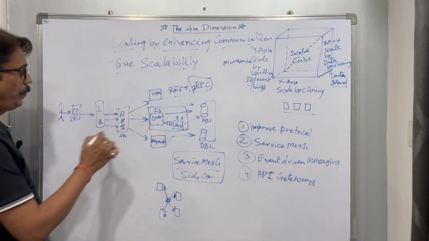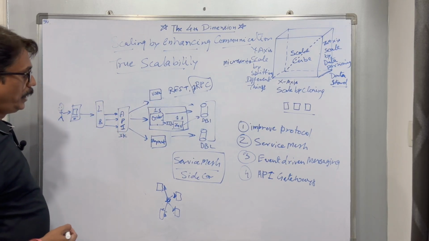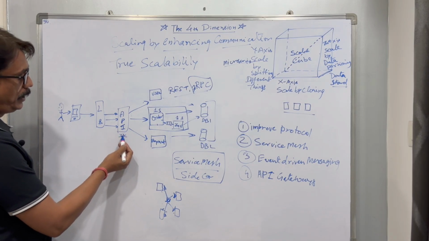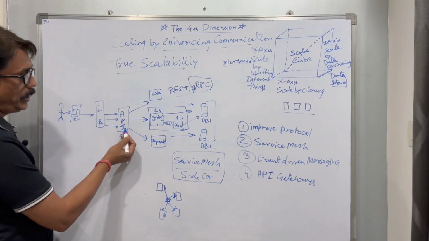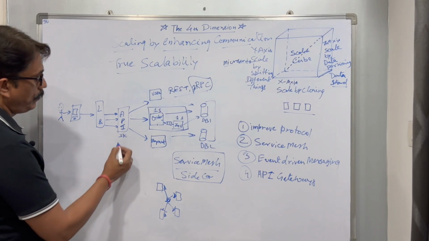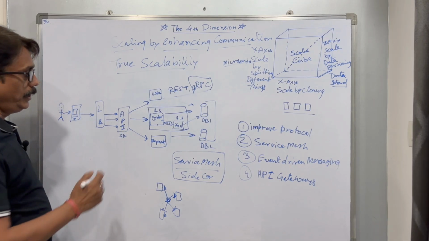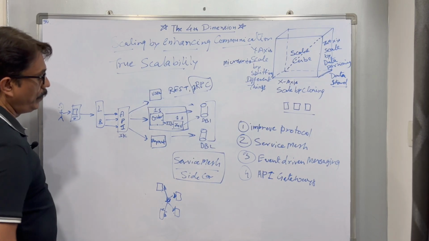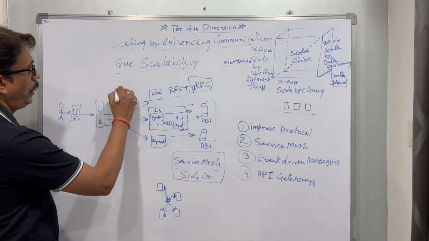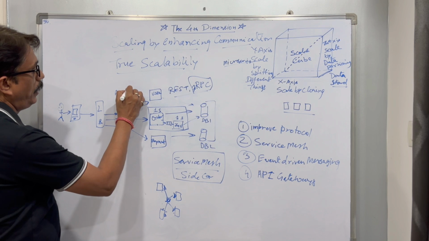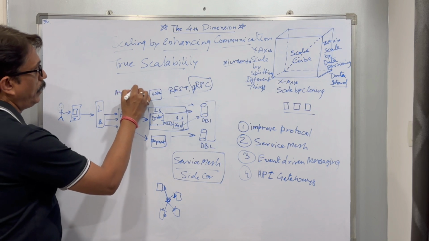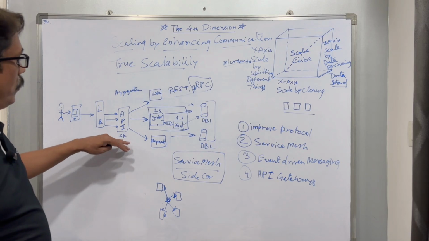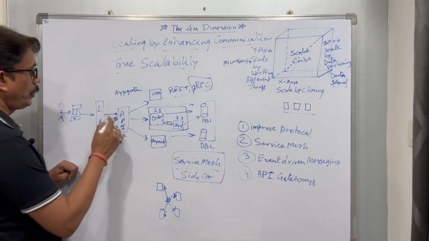From here we will be sending 3 requests. But if we enhance the communication here, for example, we implement the aggregation pattern on the API gateway, then what might happen?